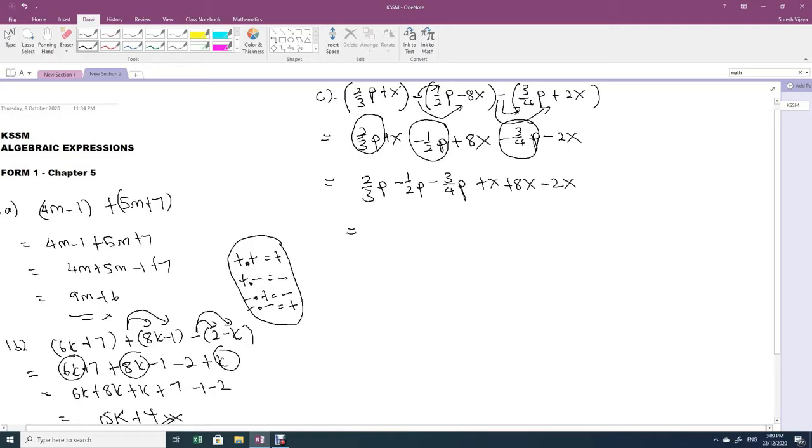Now we solve the algebraic term for p. Use a calculator, you press 2 over 3 minus 1 over 2 minus 3 over 4, what will you get?